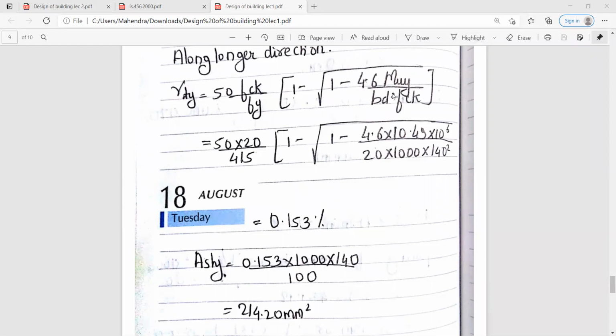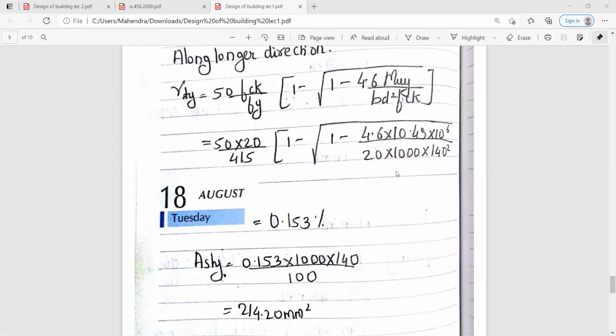So substitute the value for moment, that is 10.49 into 10 raised to power 6 upon BD square FCK. So D for the longer direction comes up to be 140 and B comes up to be 1000 and FCK is 20. So after substituting all the values, you get gamma Ty, that is percentage for the longer span, as 0.13153%.